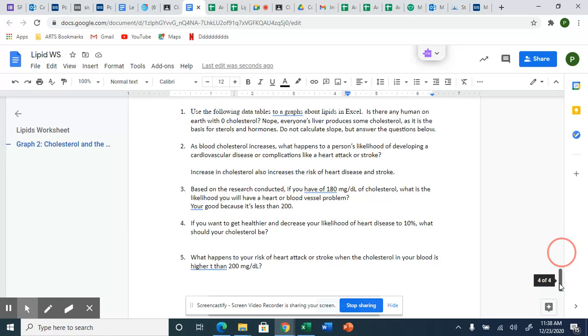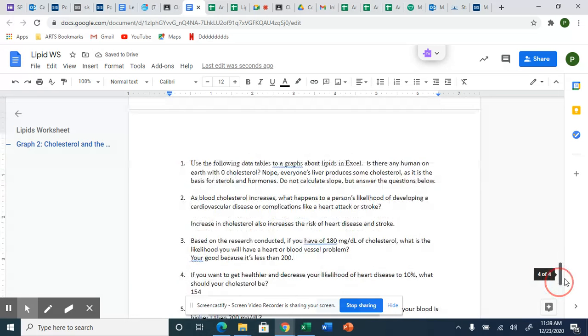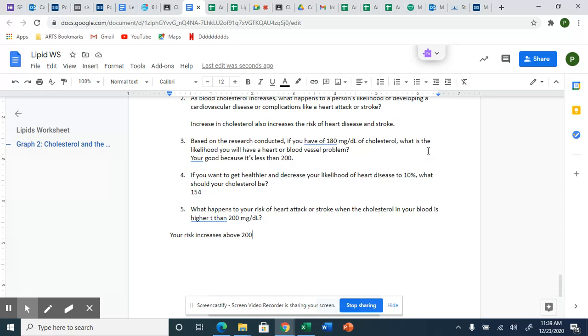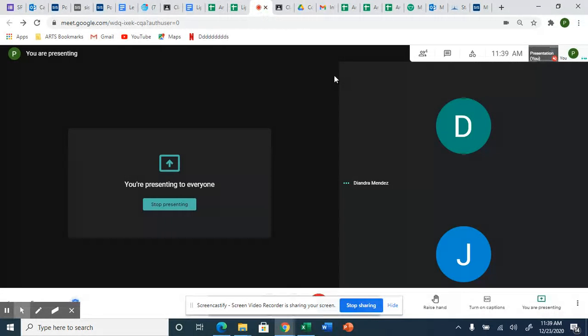So 154. What happens to your risk of heart attack or stroke when it's higher than 200? All right, so you got a little anatomy in there. You learned about cholesterol, I hope, and that's the whole sheet.